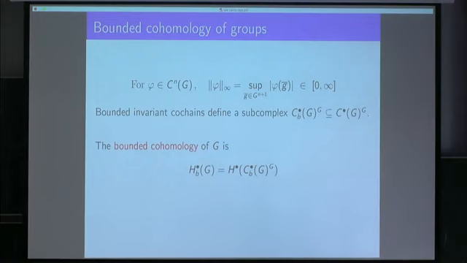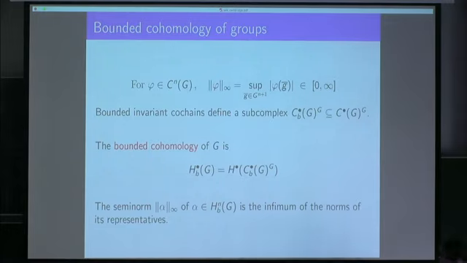One can do the same thing for topological spaces. Okay, before, let me just emphasize that there is also a semi-norm on bounded cohomology. You take a class, and the semi-norm of the class is just the infimum of the semi-norms over all the possible representatives, so over all possible bounded cocycles representing the class.